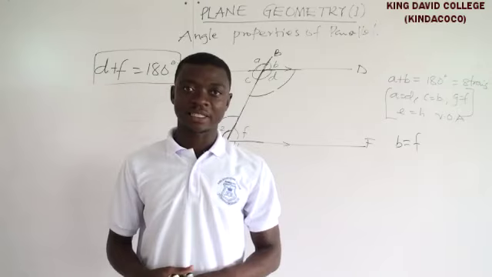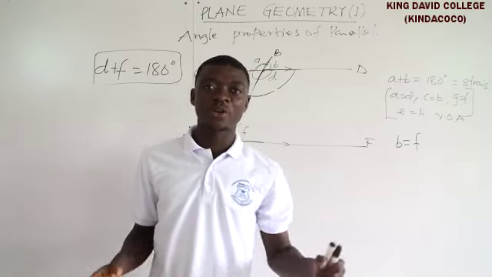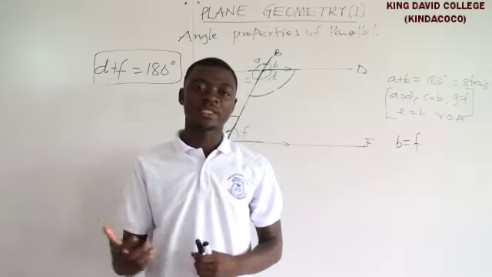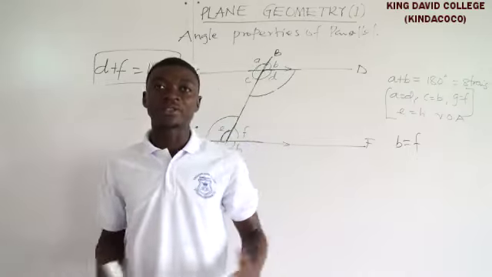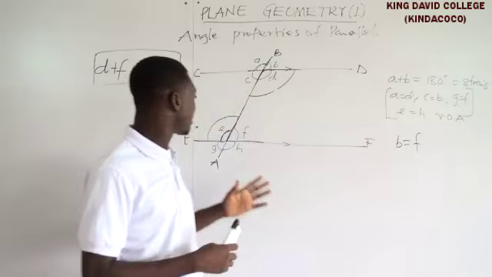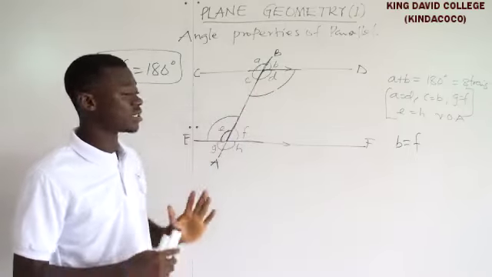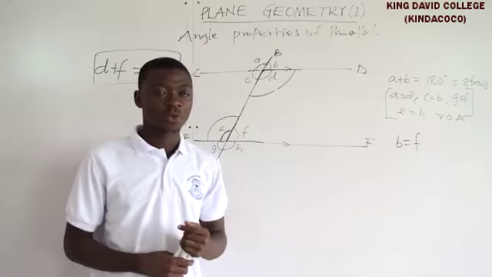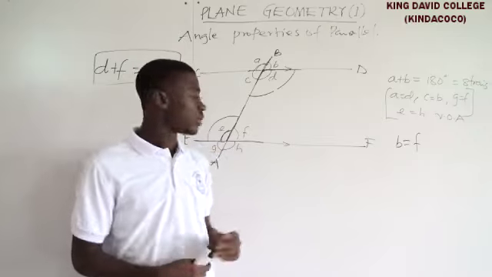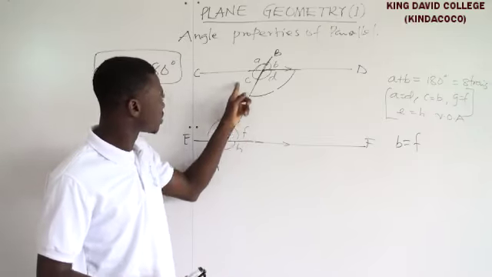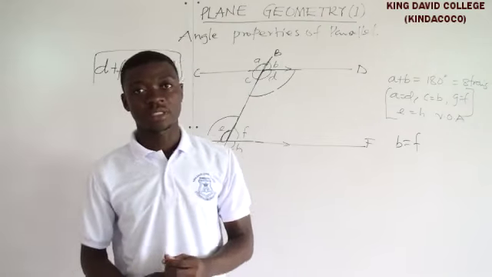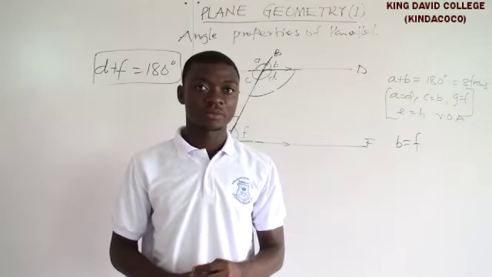So if we are proceeding to find angles and we mention alternate, it is because this side here is alternate to this, you understand why it is so. Because I'm occupying the same position, you look for the same position but on the opposite side of the same line. Very well.